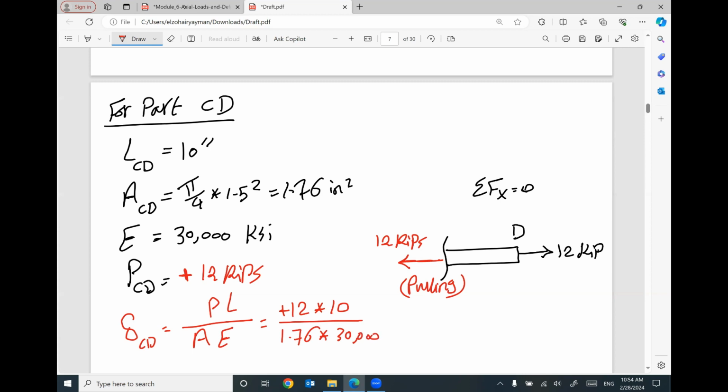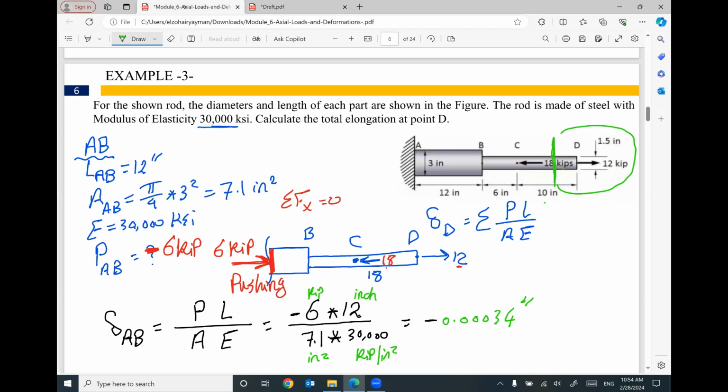I think the units are consistent, so the elongation will be positive 0.00227 inch. So I calculated the change of length in each part, part AB, part BC, part CD.